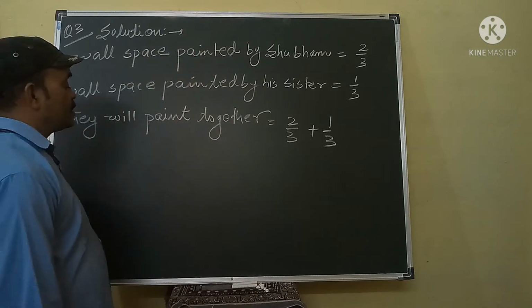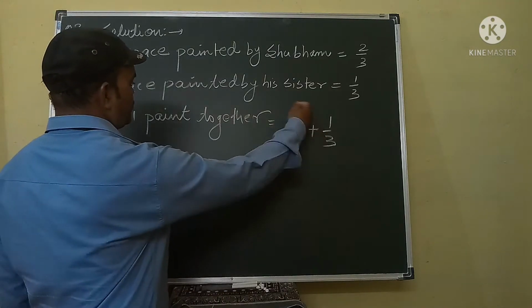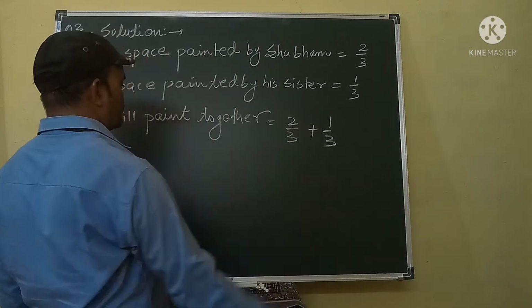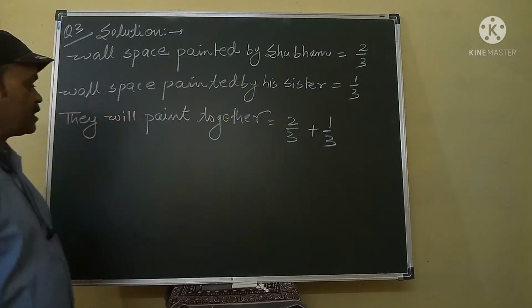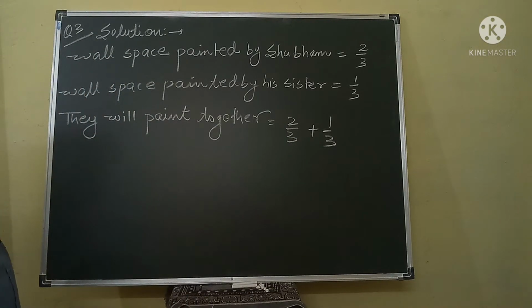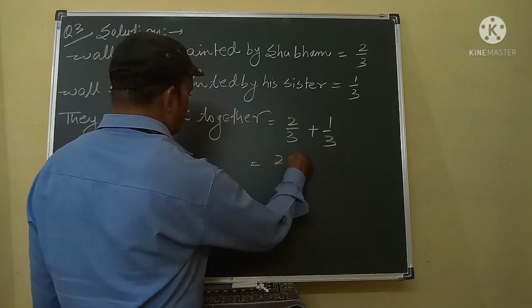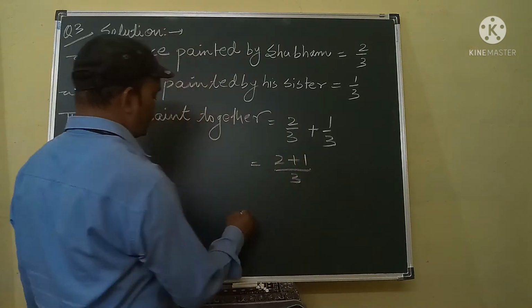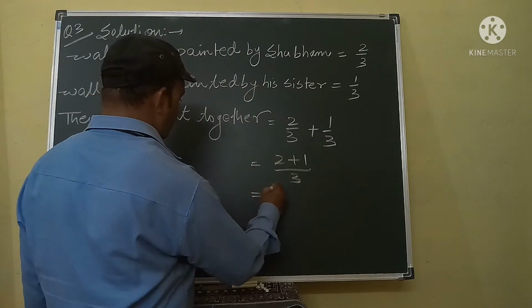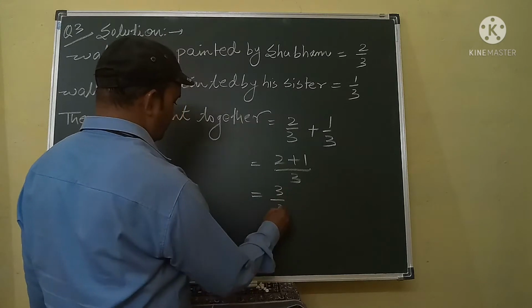As you are looking in these two fractions, the denominators are the same, that is 3, so these two fractions are like fractions. Then 2 plus 1 upon 3. 2 plus 1 means 3, 3 upon 3.